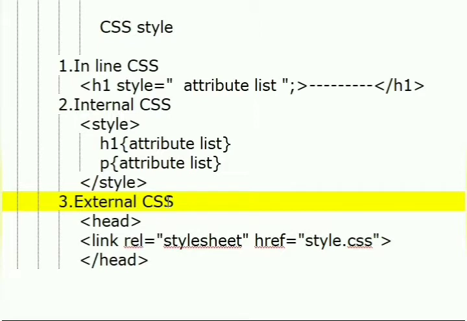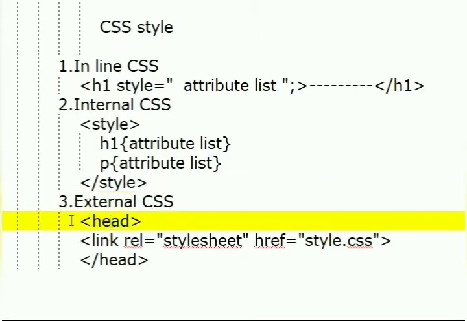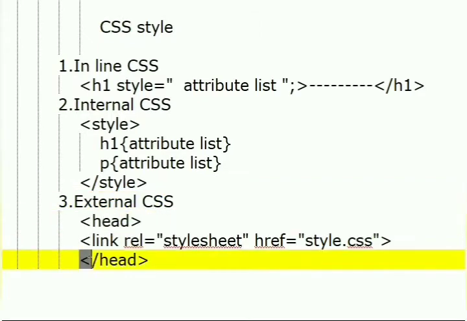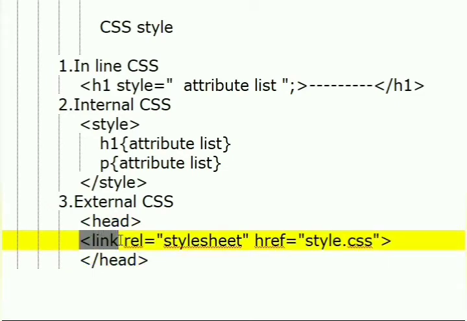To use an external style sheet, add a link to it in the head section of an HTML page. How can we write it? This is the head opening tag and this is the head closing tag. In between these opening and closing head tags, the link tag has to be added. With this link tag, two attributes have to be written.